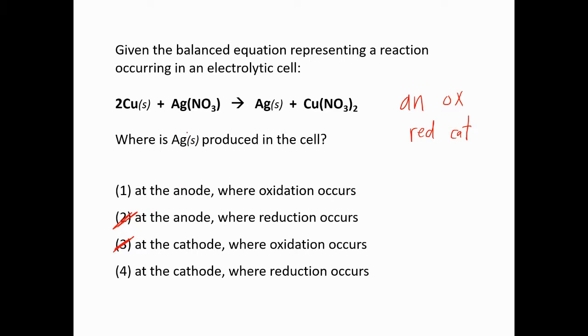Let's see, we got to figure out, is silver going through oxidation or reduction? Okay, we got copper 0, and then we got silver plus 1. That nitrate ion overall in here has a minus 1 charge. Then silver 0, copper plus 2, minus 1, minus 1.